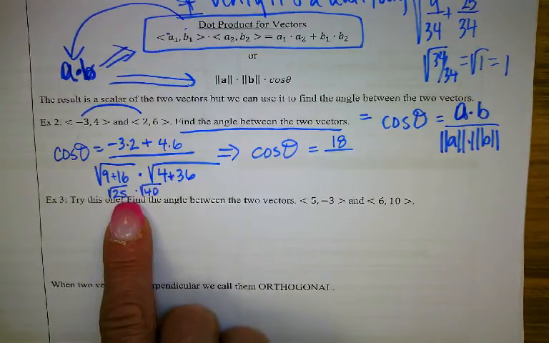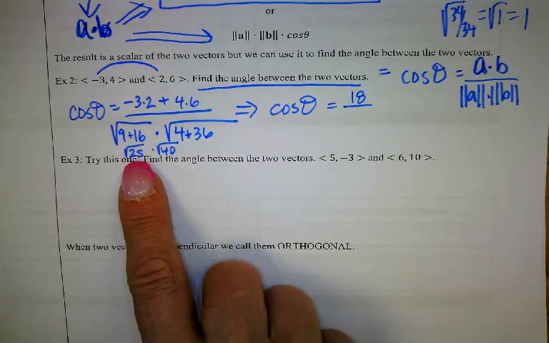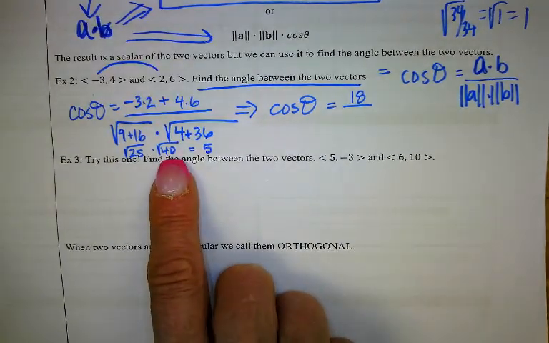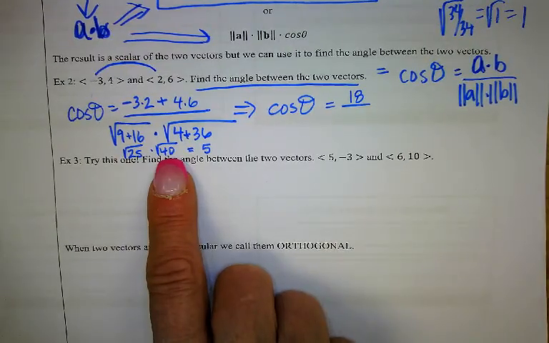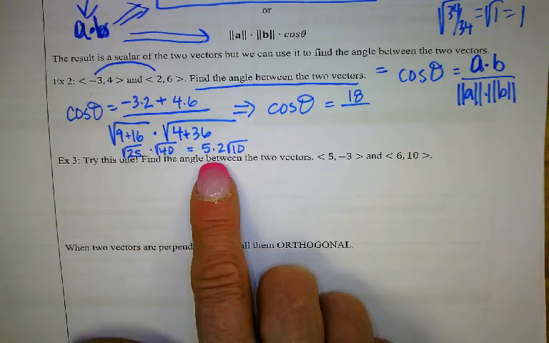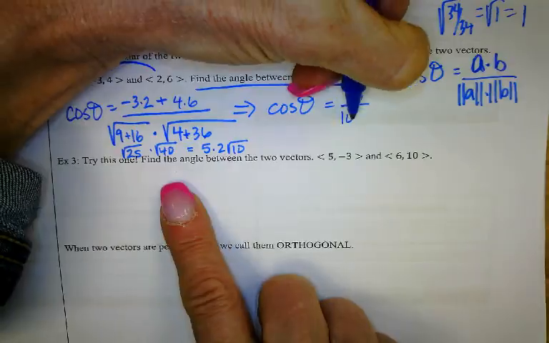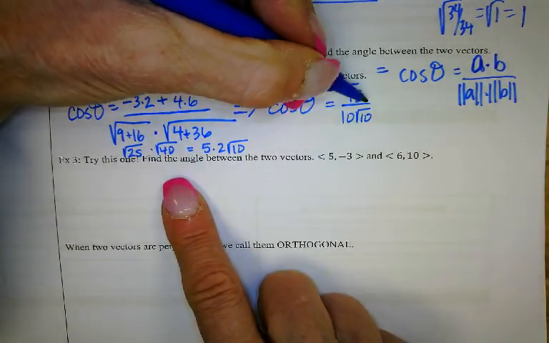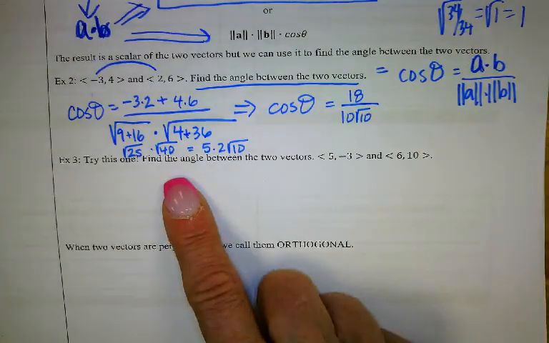And the square root of 40 is the square root of 4 times 10, or 2 radical 10. So on the bottom is really 10 radical 10. Now, how do you suppose I would find the angle from here? How would I get theta by itself?